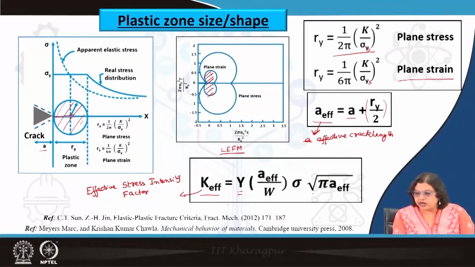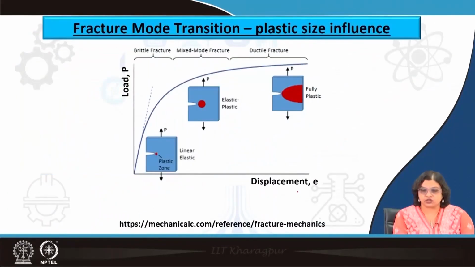Everywhere we have to use this a effective term in case there is a significant amount of plastic deformation, right. Now, how significant does the plastic deformation have to be, and when is it okay to ignore it as negligible? That is not arbitrary, and there are rules for that, which we are going to explain.